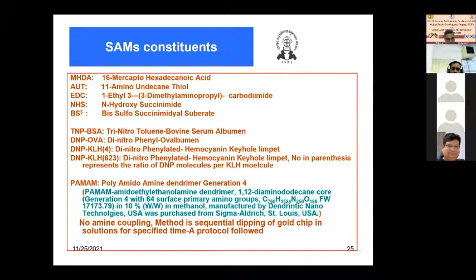Here you can see DNP-KLH4 and DNP-KLH623, which simply say that over this KLH molecule you have 4 DNP molecules, and over the other KLH molecule you have 623 DNP molecules, which provides more antigen on the surface. So we can have different types of surfaces. Next.